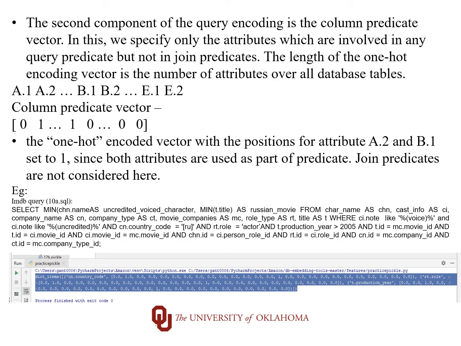As I told before, the query encoding involves two components. The first part is the adjacency matrix, and the second component of the query encoding is the column predicate vector. In this, we specify only the attributes which are involved in any query predicate but not in join predicates.